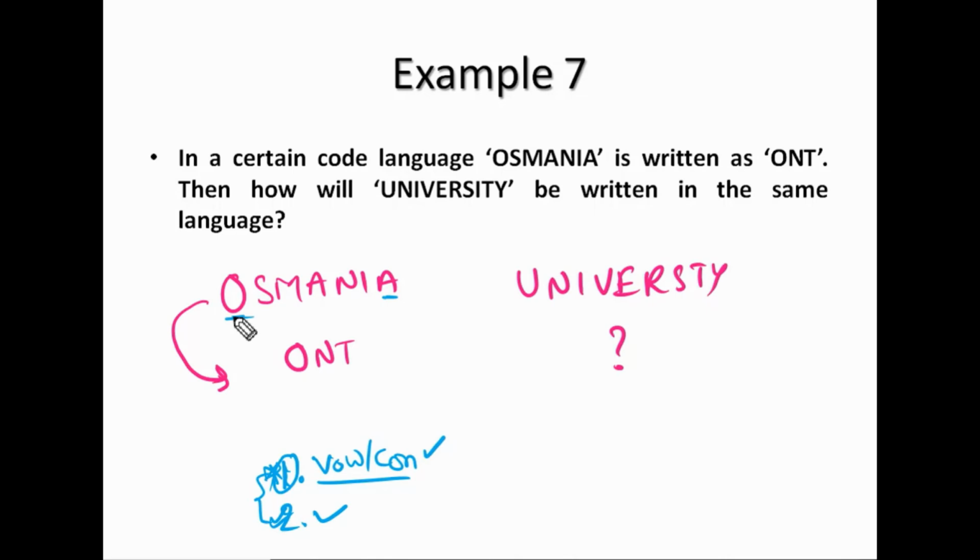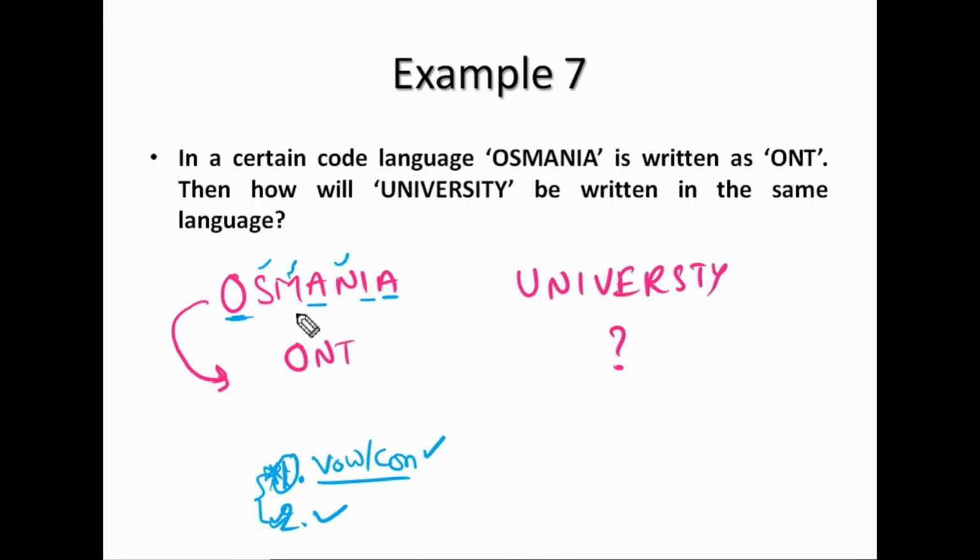Here, vowels, how many vowels are there? O, A, I, A. So 4 vowels are there, but there are only 3 letters. Okay, let us verify with the consonants. 1, 2, 3. There are only 3 consonants. Maybe it is based on this one. The nearest letter of S is T, and it is the next letter only.